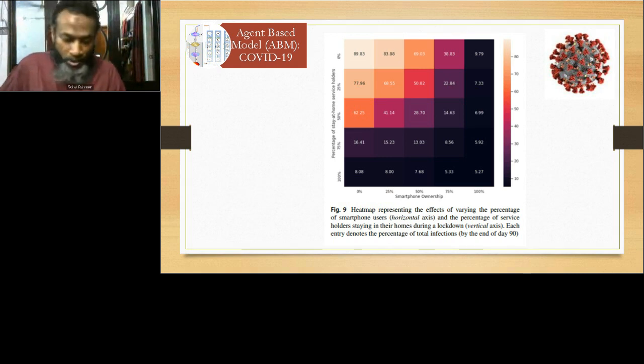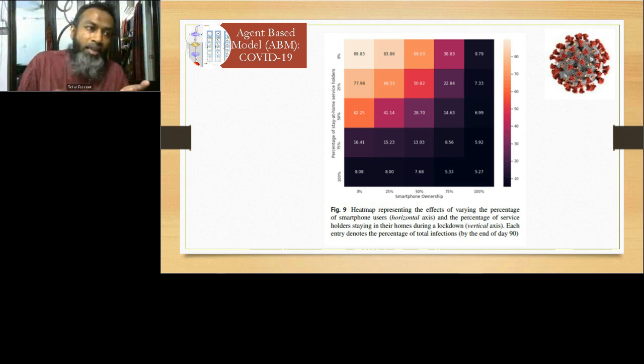The concept is, because we know that for COVID-19 contact tracing is a very interesting concept, and contact tracing can be done by smartphones, can we find a threshold such that if more than X% of people have smartphones, and we assume that someone with a smartphone can be contact traced, then the disease will die down?